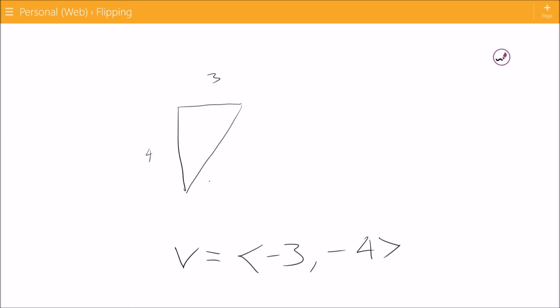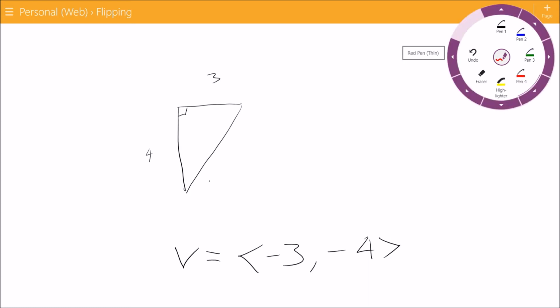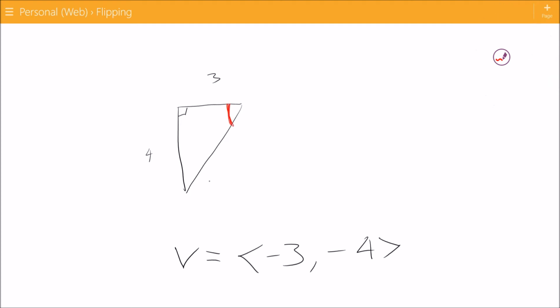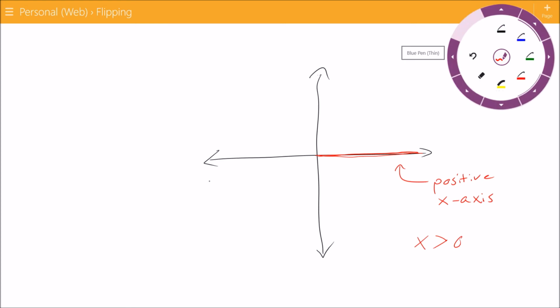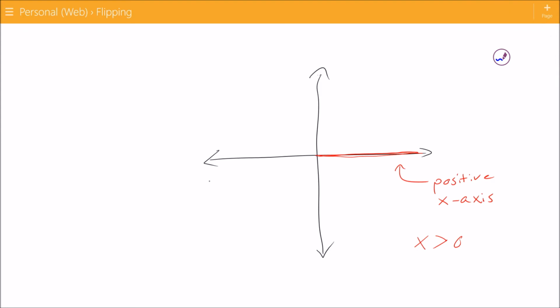What you can get using good old trigonometry is, if this is a right angle, you can get this angle right here, which is nice, but what we really want is, if I have a vector that goes down here, I want this angle. Does this angle look like it is greater than or less than 180 degrees?